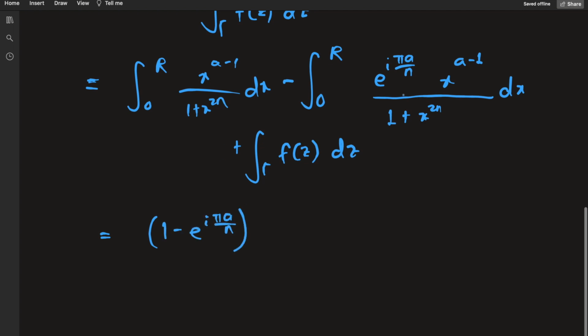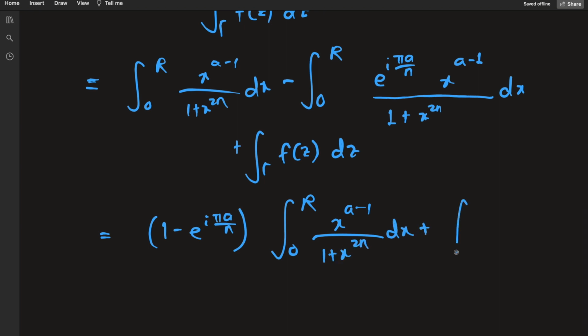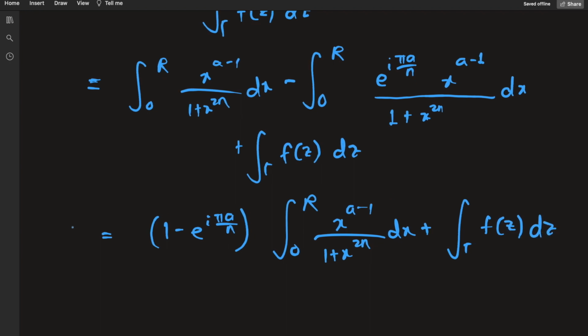We have the integral from 0 to r, x to the a minus 1 over 1 plus x to the 2n dx, plus the integral over gamma of f of z dz. Well, that is precisely the value of the contour integral of f of z dz.